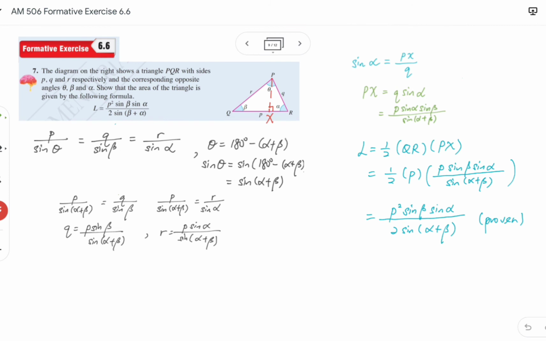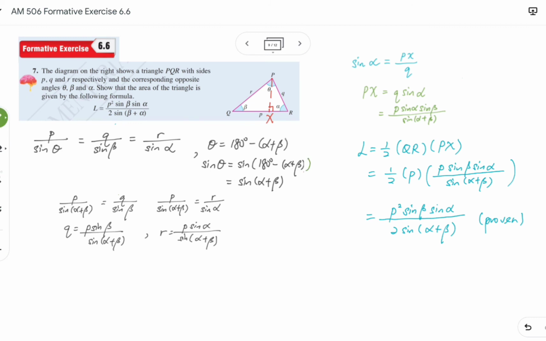And we know that, because this formula only involves alpha and beta, theta is actually 180 degree, the sum of interior angles 180 degree, minus the sum of alpha plus beta. So sine theta is actually sine of 180 minus alpha plus beta, where we get only sine alpha plus beta.